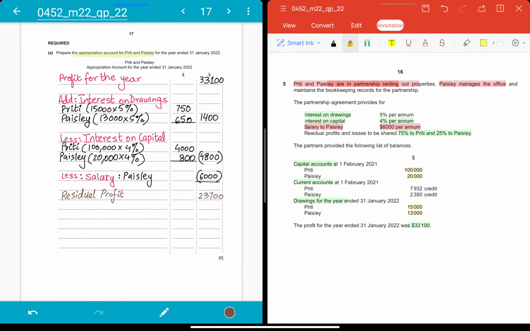And now we'll have to split up the share of the profit between the partners. So the share of the profit will be between Preeti and Presley. Preeti will get 75% of it and Presley 25%, according to what is mentioned here.